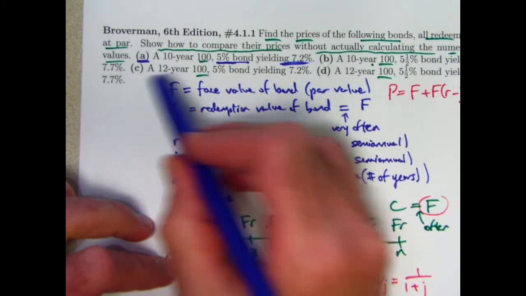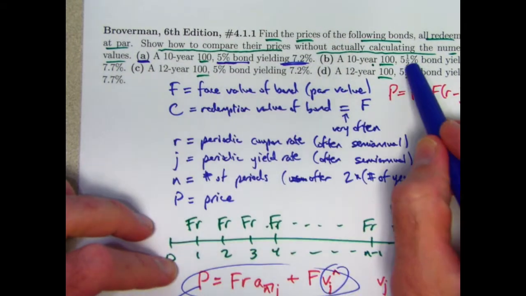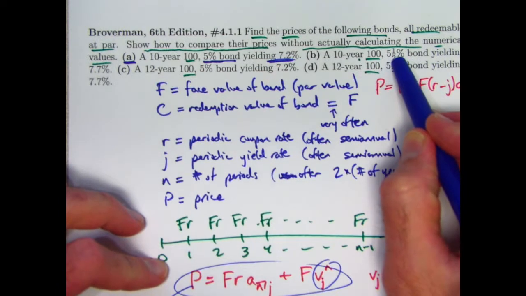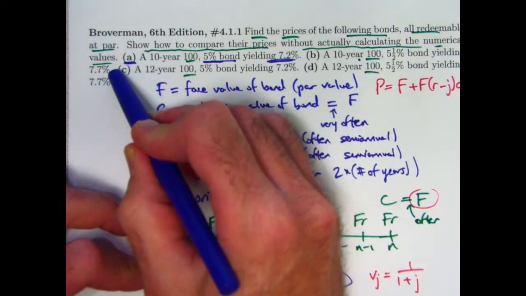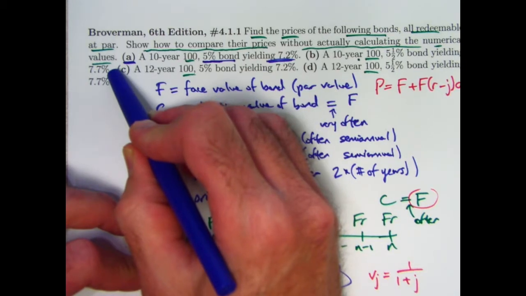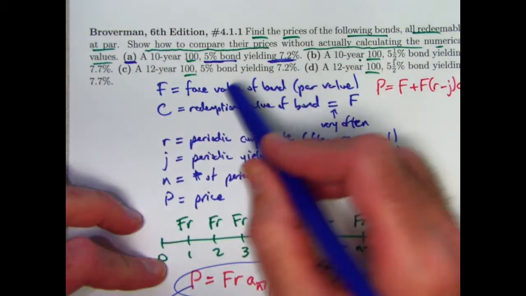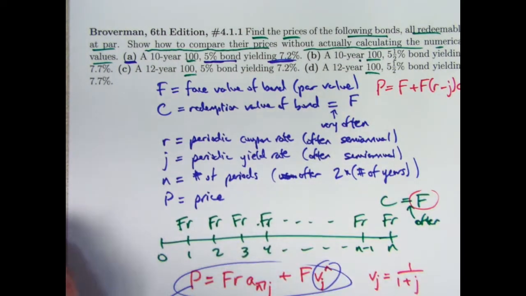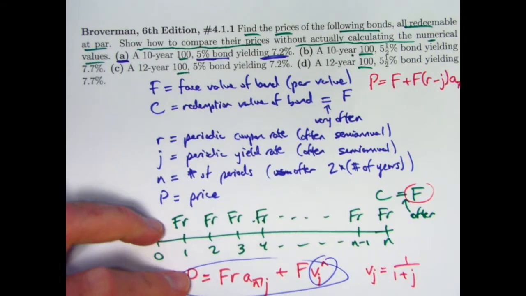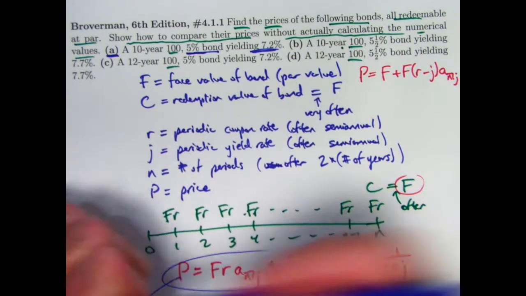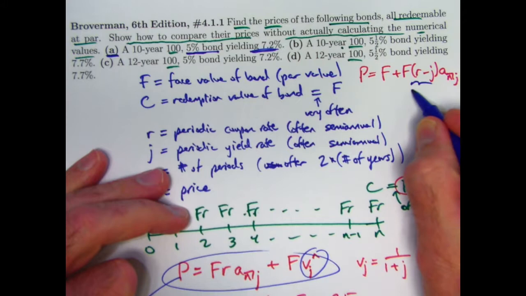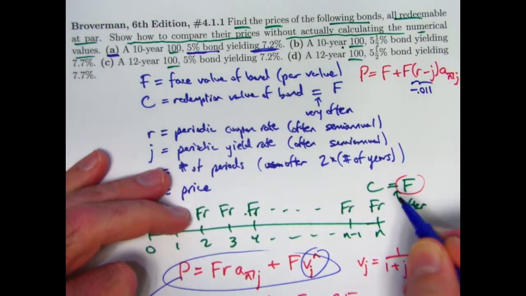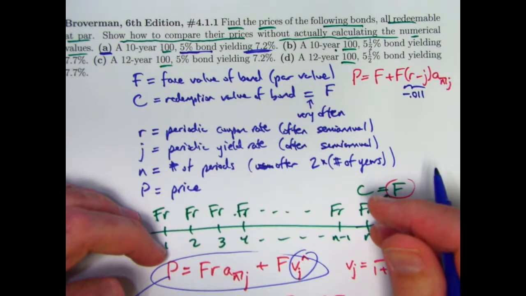It's the same using these numbers. 5.5 divided by 2 is 2.75%. This divided by 2 is 3.85%. 2.75% minus 3.85% is still negative 1.1%. R minus j is negative 0.011 in all these situations.